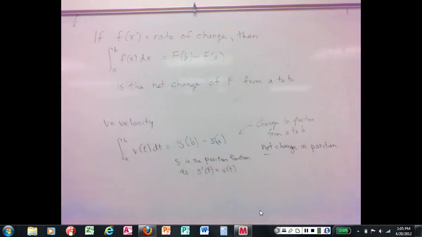Because it could have gone all over the place. So this is going to be the net change in that position, because you'll have some positive, some negative. So anyway, I just wanted to mention that. If you apply it to an application, like a rate of change, that's what you get. It's the net change. All right.